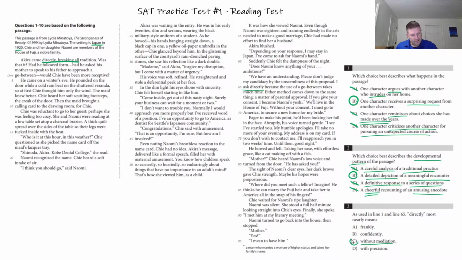So yeah, that is this. "Frankly" is a synonym for directly, but it's more about cutting straight to the point and not mincing your words, which is not necessarily the meaning here. Coming confidently, yeah, he came confidently, but the point was he didn't use a mediator, so that's out too. With precision, no. And there you go.